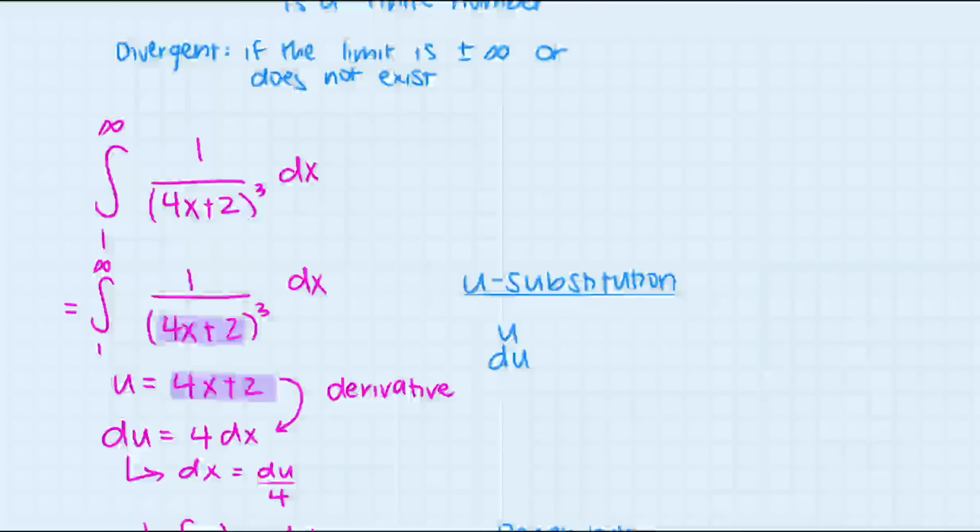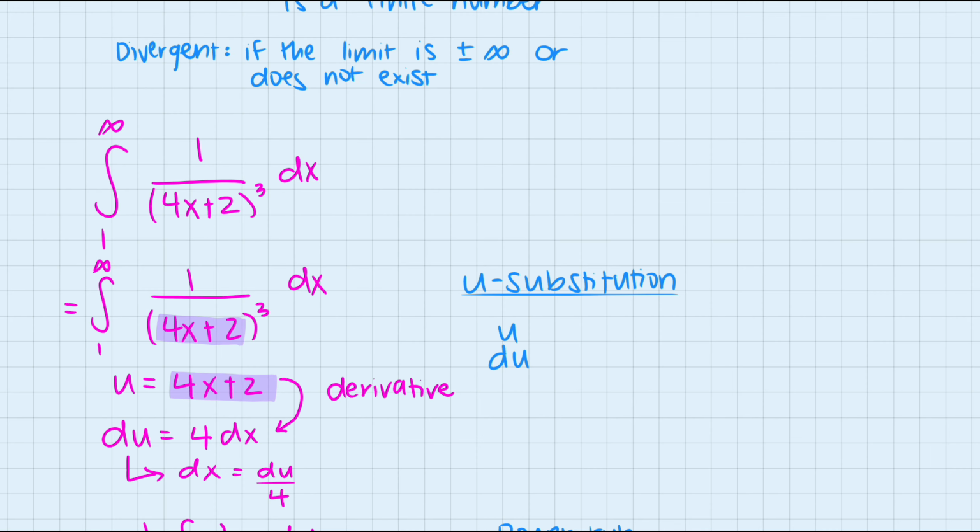We take the derivative of 4x plus 2, splitting it into 4x and 2 and finding the derivative of each term. The derivative of 4x is 4, and the 2 just goes away.